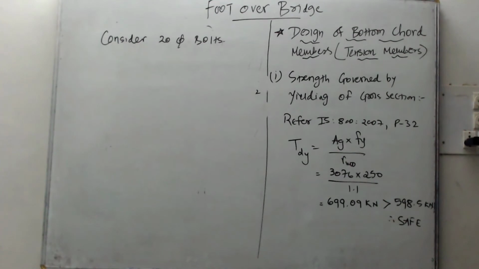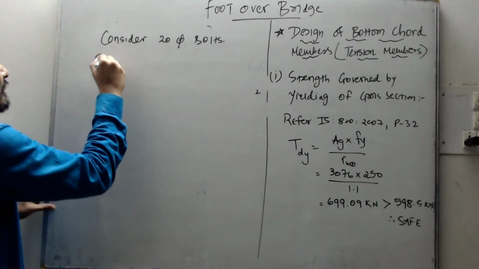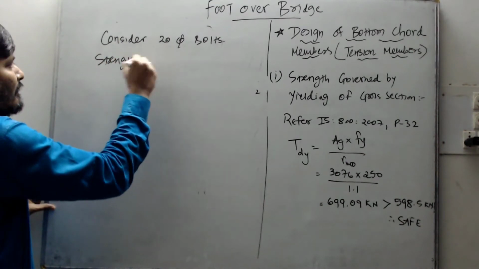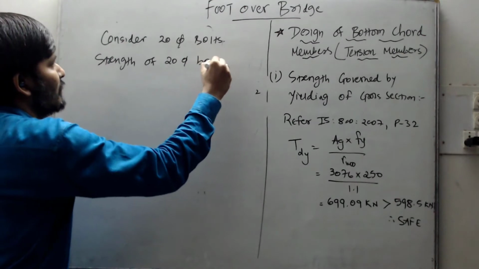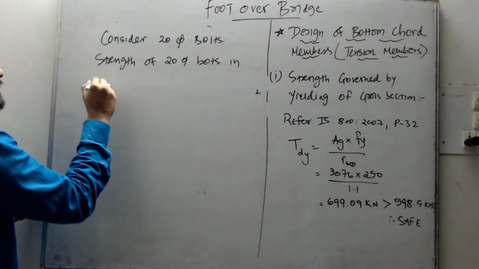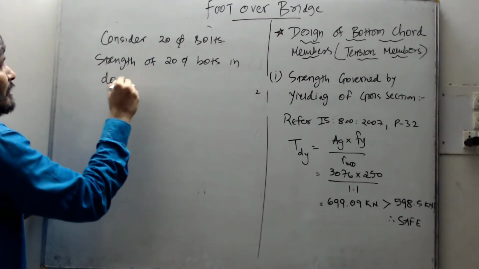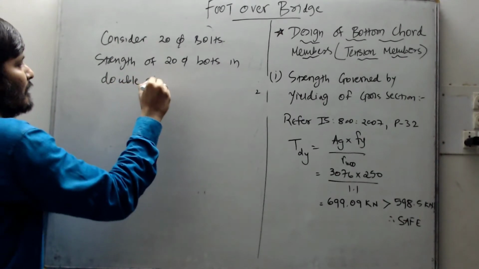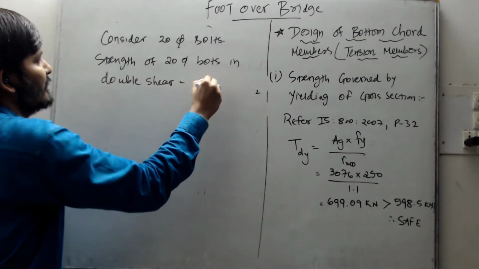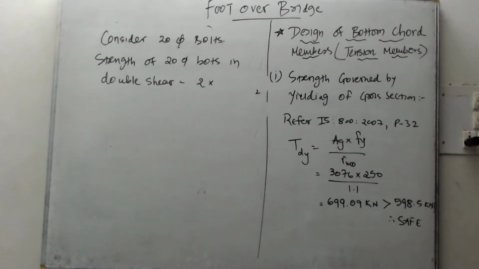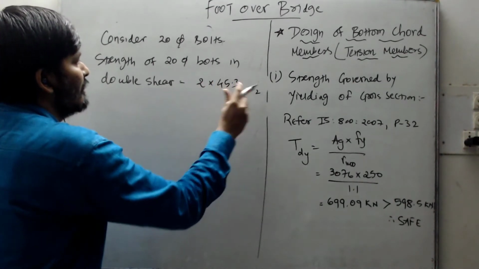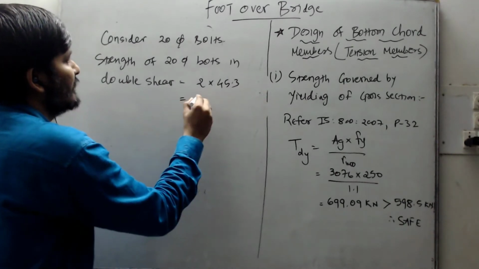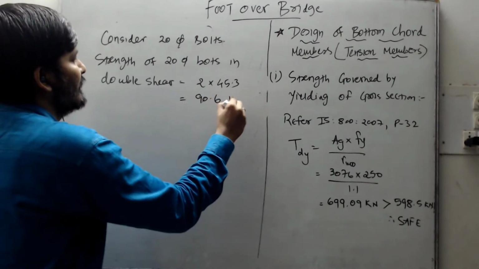So strength of 20 mm diameter bolt in double shear, it is given by 2 multiplied by single shear strength, which is 45.3. So we'll get this answer as 90.6 kilonewton.